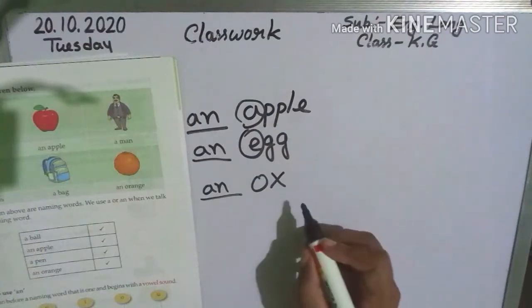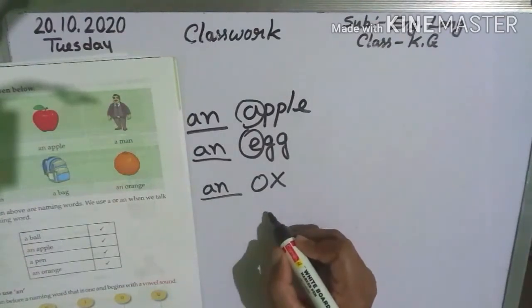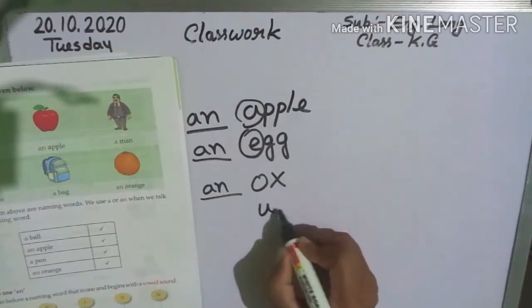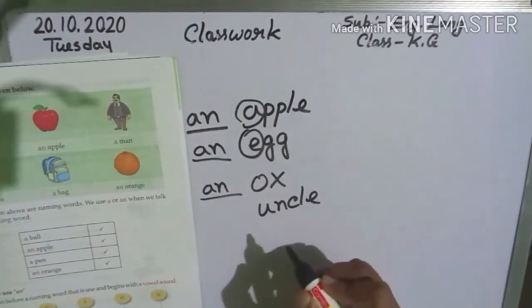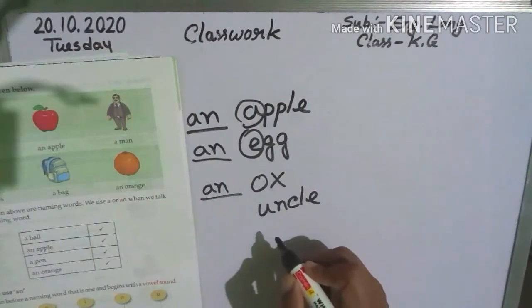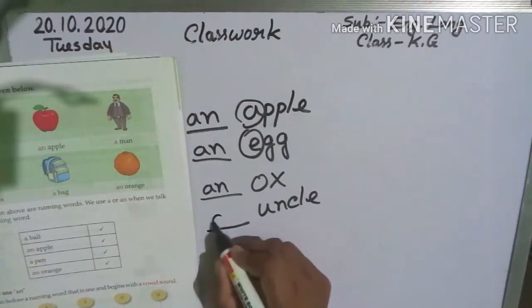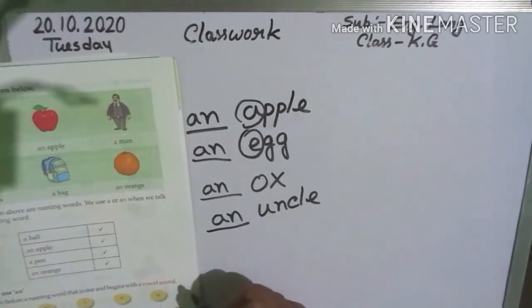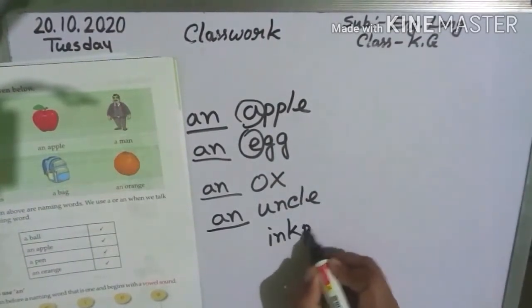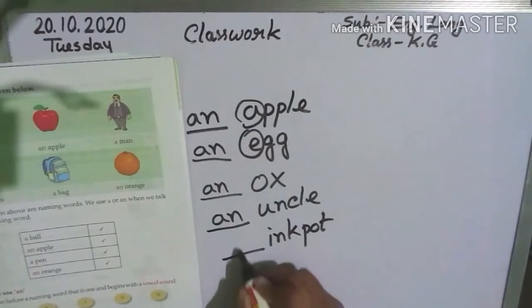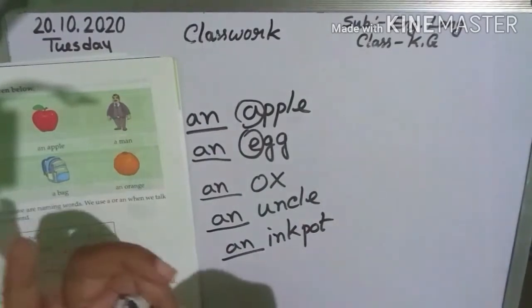First you see the sound, uncle. U-N-C-L-E. So the sound is U. Uncle, U. So you write an uncle. Ink pot. So you write an.